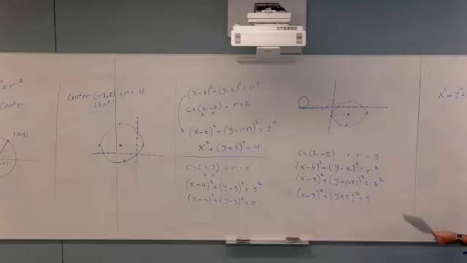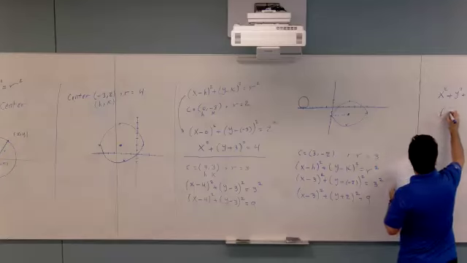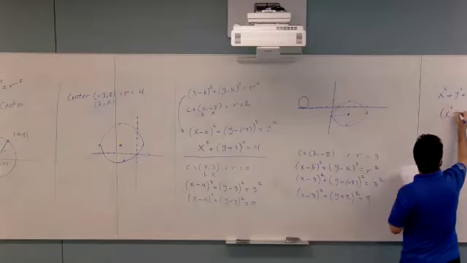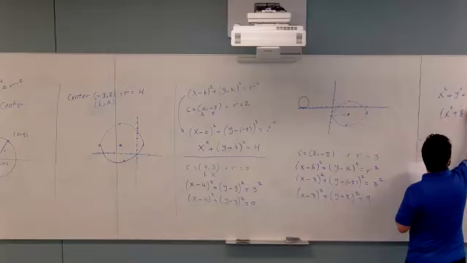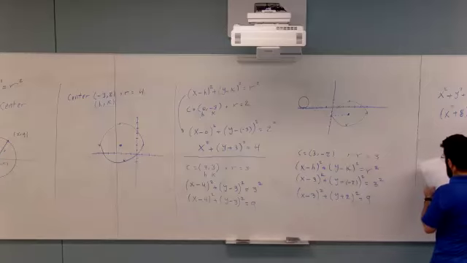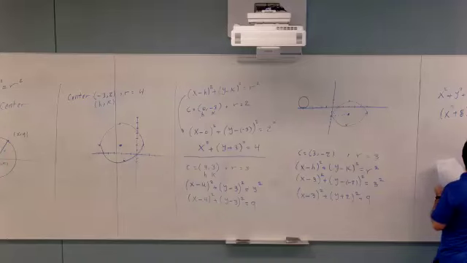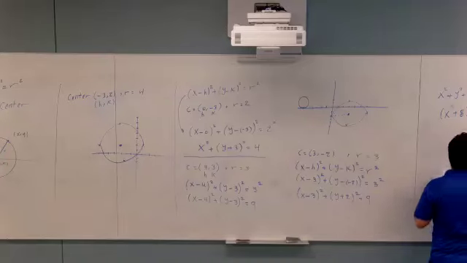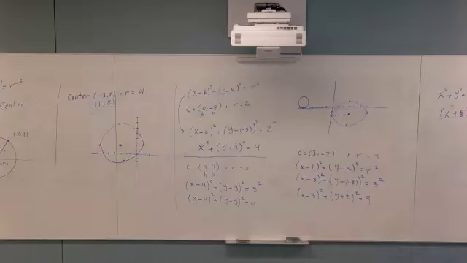Like the example we have: x plus 8 squared plus y minus 1 squared equals 25. We FOIL it, FOIL each term.